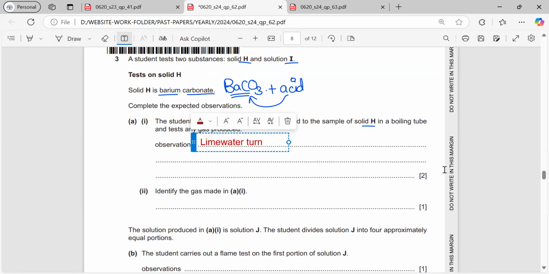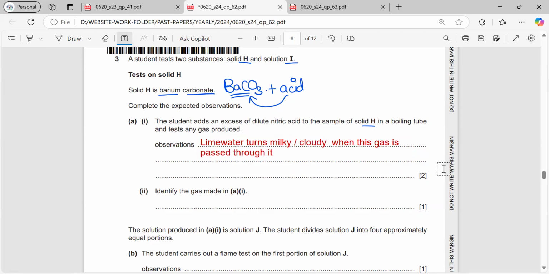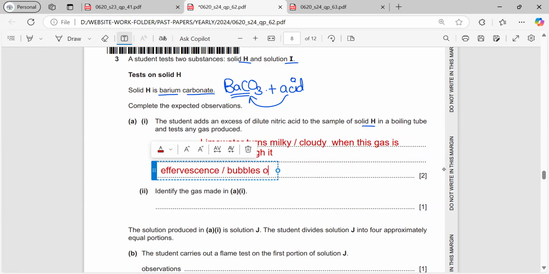Lime water will turn milky or cloudy when this gas is passed through it. And I think the second observation will be, again, the effervescence or bubbles of a gas coming out.